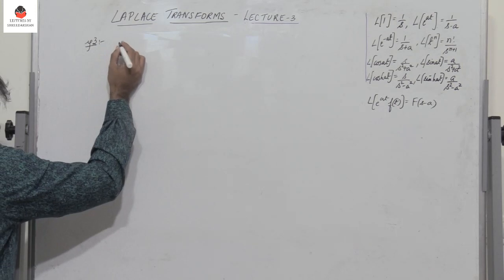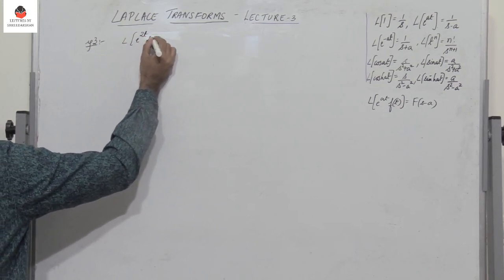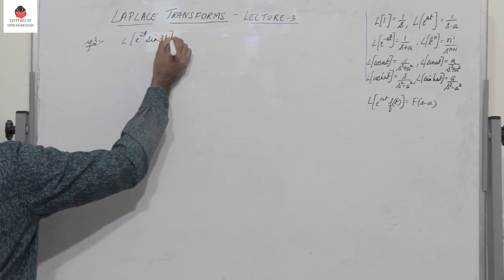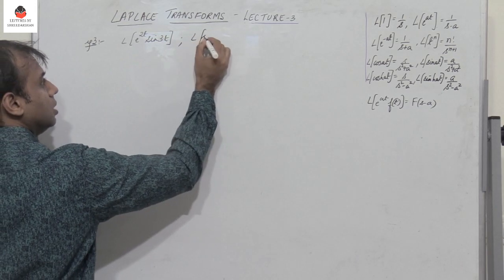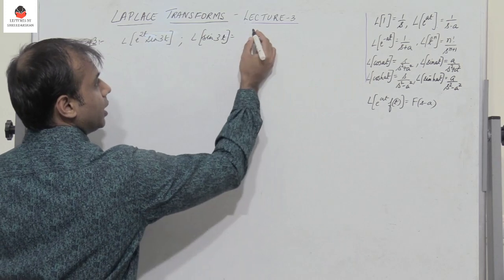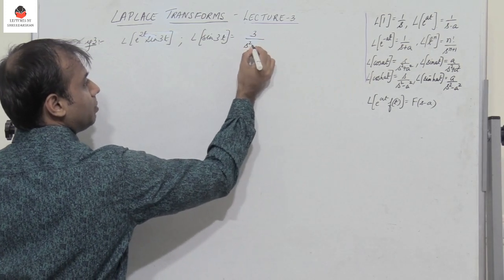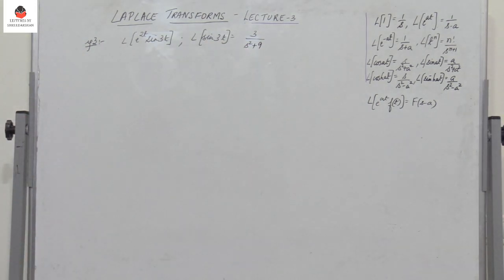Find the Laplace transform of e power 2t sine 3t. So again first find the Laplace transform of sine 3t. What is the Laplace transform of sine 3t? It is of course a divided by s square plus a square. So a is 3, so it is 3 divided by s square plus 9.